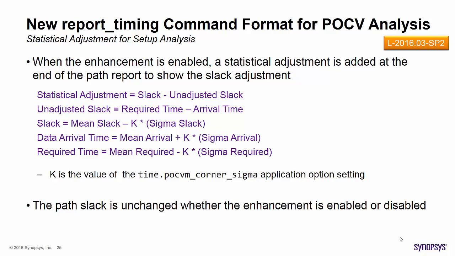Data arrival time is mean arrival plus k times sigma arrival. Required time is mean required minus k times sigma required. K is the value of the time.pocvm_corner_sigma app option setting. Again, the path slack is unchanged whether this enhancement is enabled or disabled.